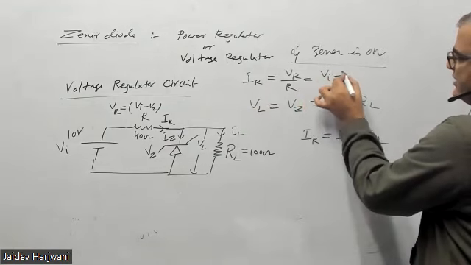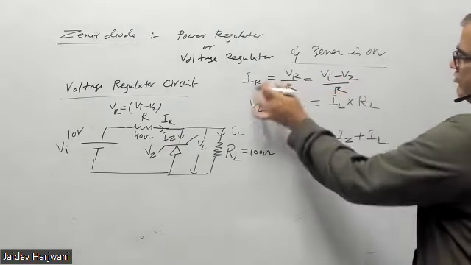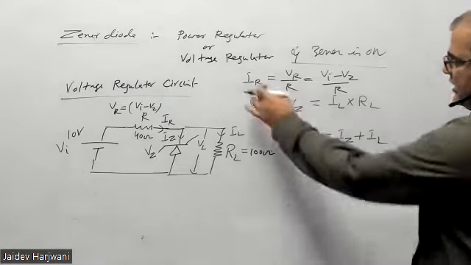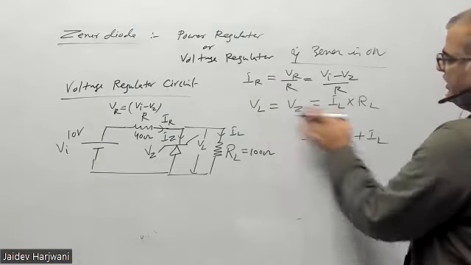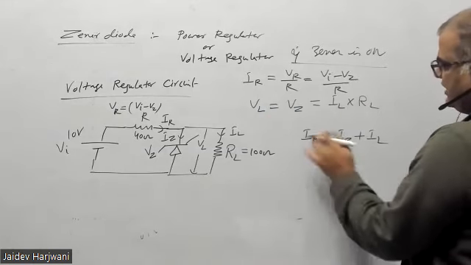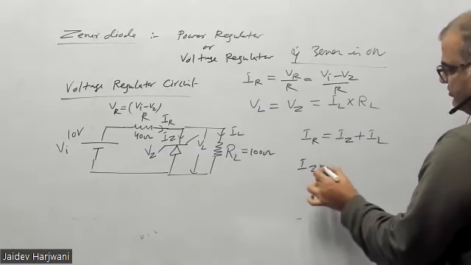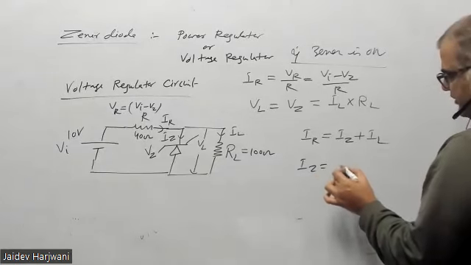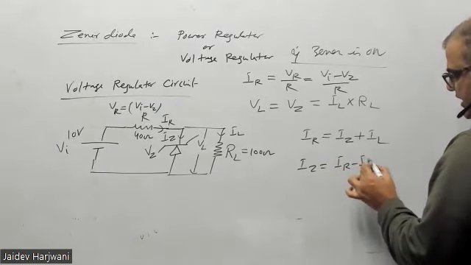In that case you can apply this equation, that is IR equals Vr upon R, that is Vi minus Vz upon R, to find I. Once you know I, you can find VL from this formula. Once VL is known, you can find IL, and once IL is known, you can find IZ from this equation: IR minus IL.